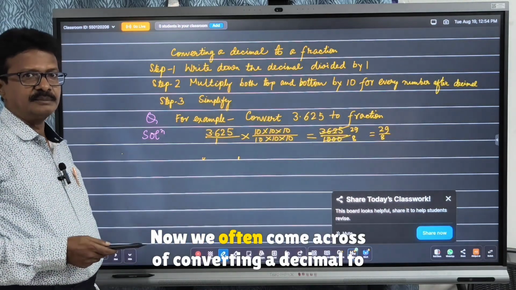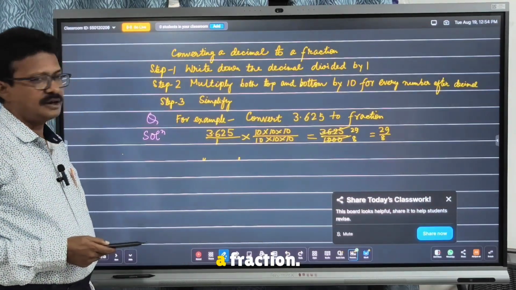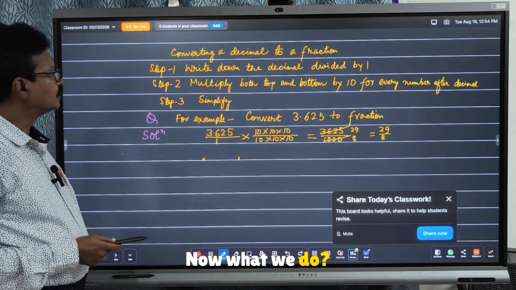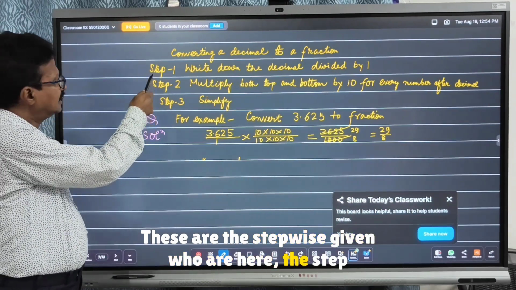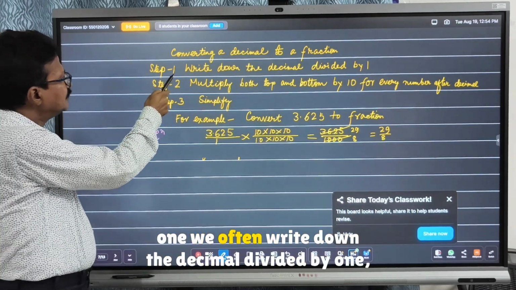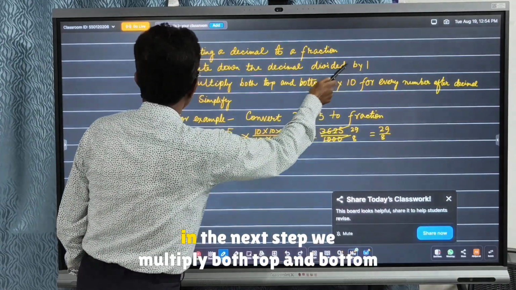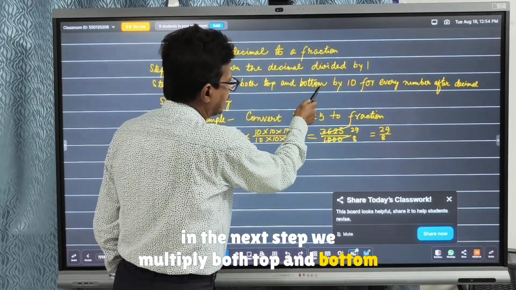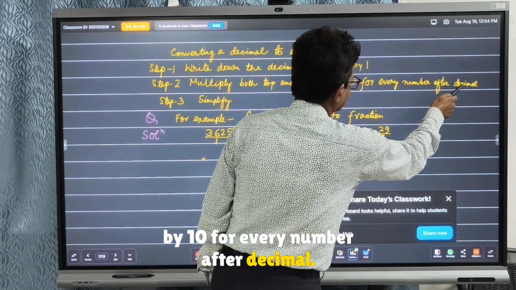Now, we often come across converting a decimal to a fraction. The steps are given here. Step 1, we write down the decimal divided by 1. In the next step, we multiply both top and bottom by 10 for every number after the decimal.